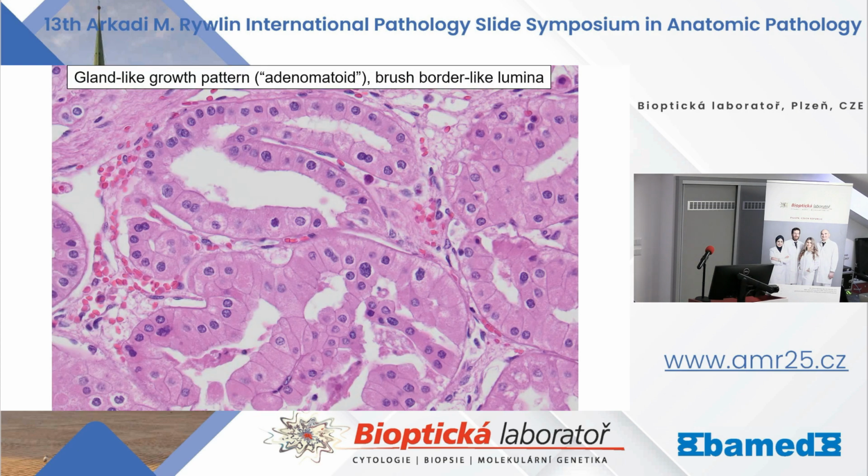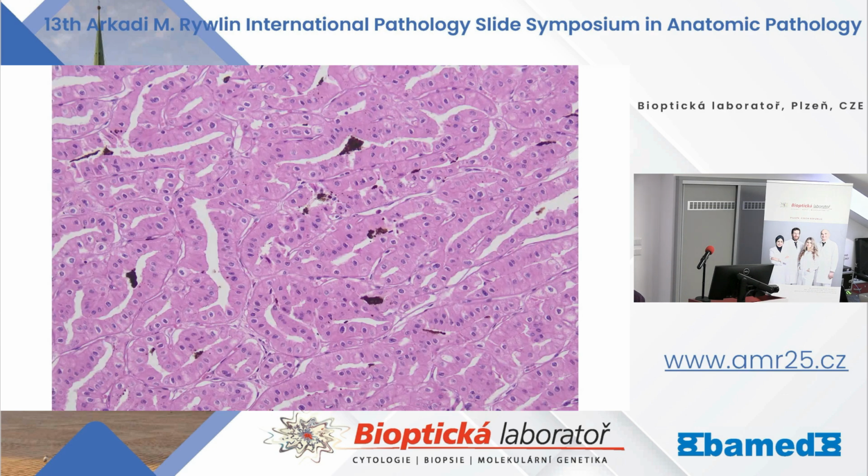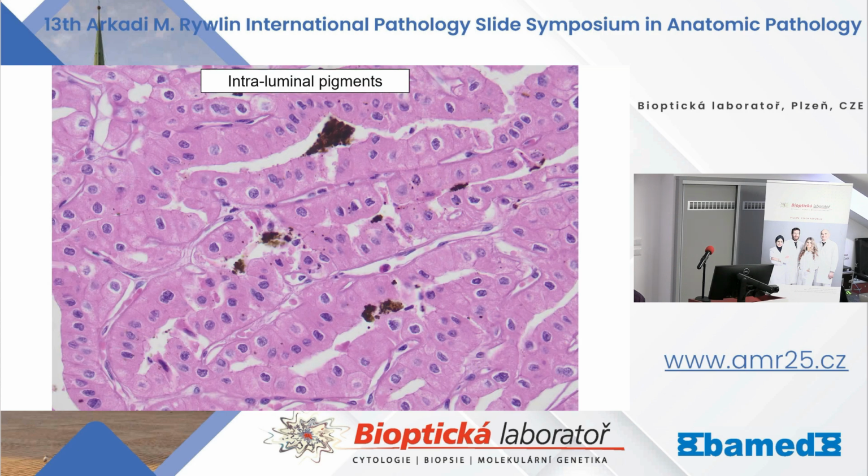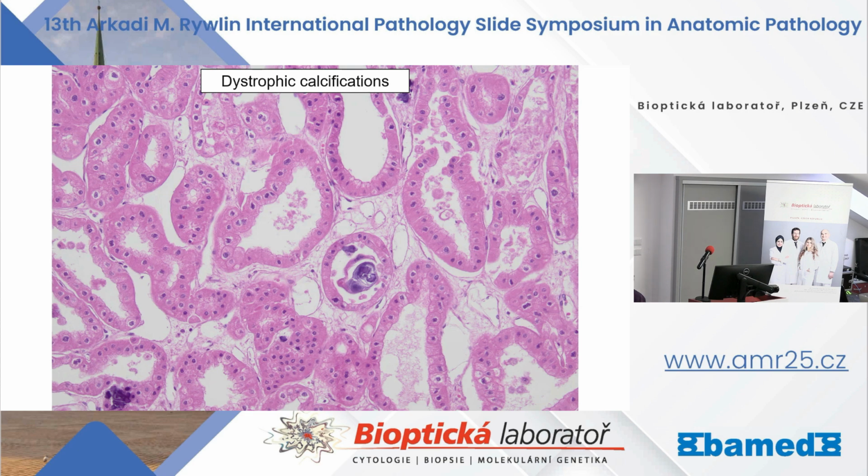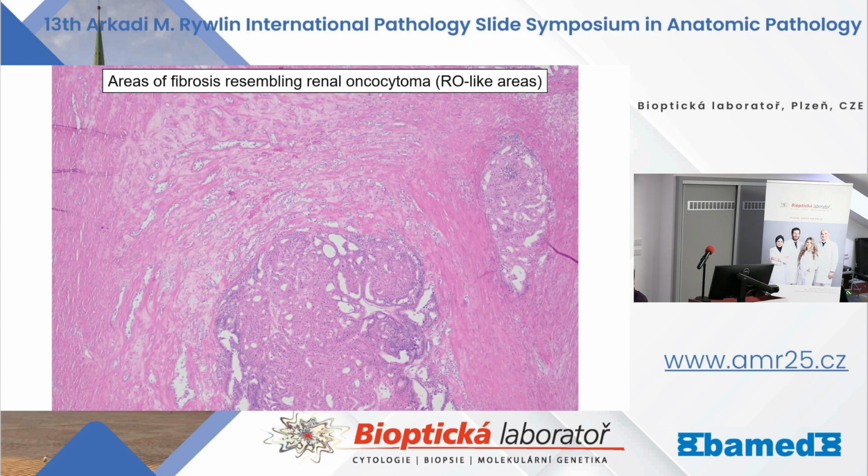I told you that the tumor was arranged into tubular and glandular or microcystic fashion, as you can see here. Very frequent in this type of renal cell carcinoma, you can find pigmentations, which can be intraluminal, and sometimes you can even find these beautiful calcifications, in this case psammomatous calcification. In other parts of the tumor, we found a slightly different morphologic appearance.